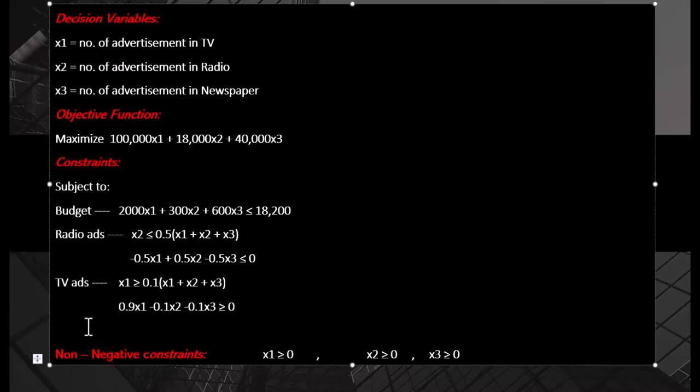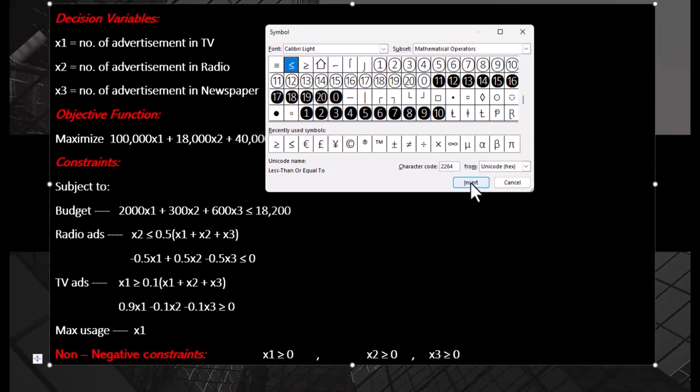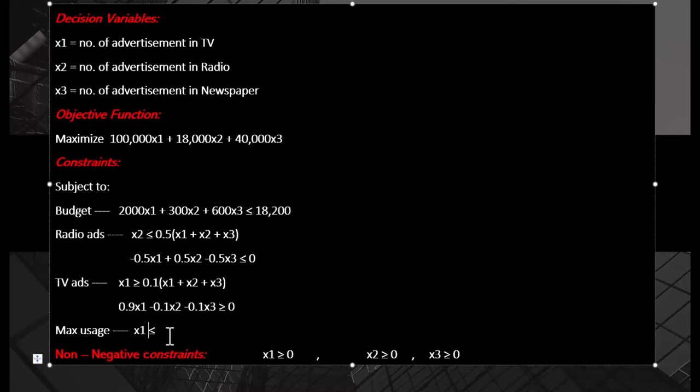For maximum usage, x1 is 10, for x2 it is 20, and for x3 it is 10.